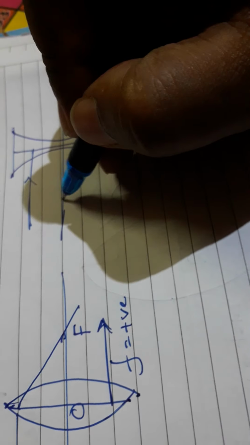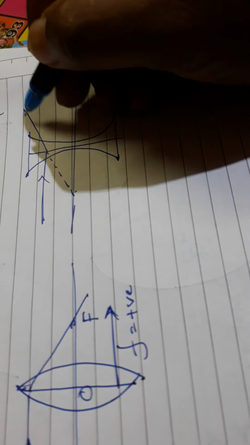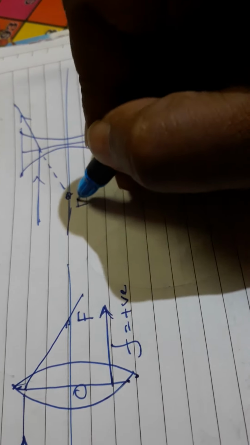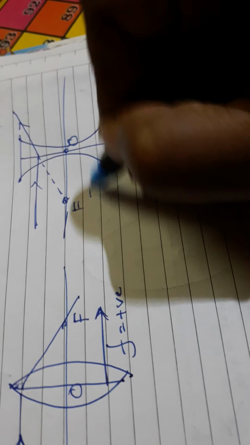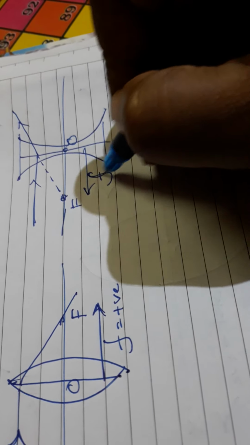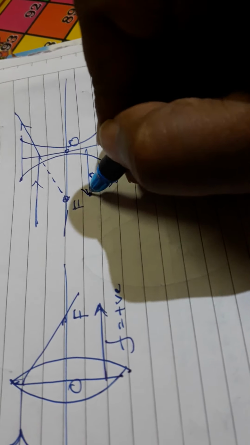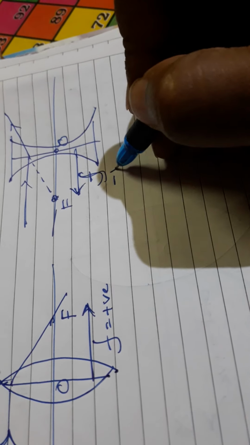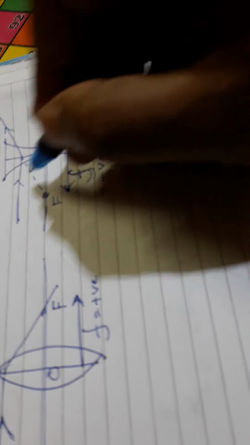After refraction it will go like this. This is the focus, measured from the optical center, and this distance is the focal length. So the focal length will be negative. Why negative? Because it is opposite to the incident ray. Thank you.